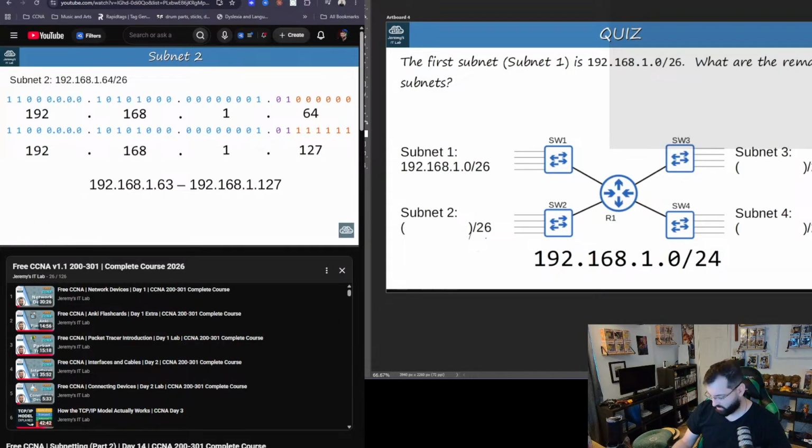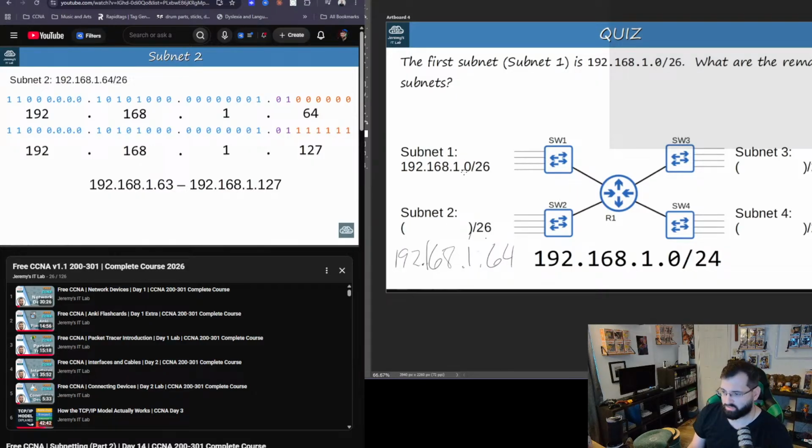Now, I think I figured it out, and honestly, I probably made it more complicated than it should have been. So, the IP address of subnet 2 is going to be 192.168.1.64.